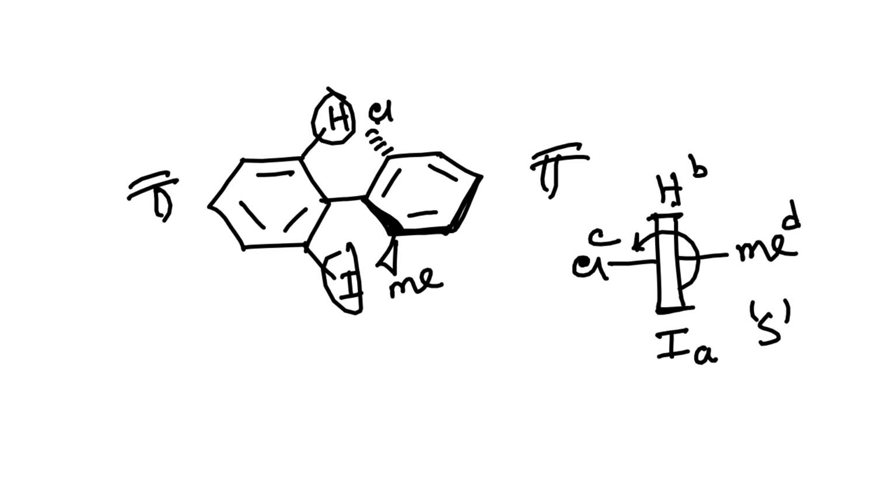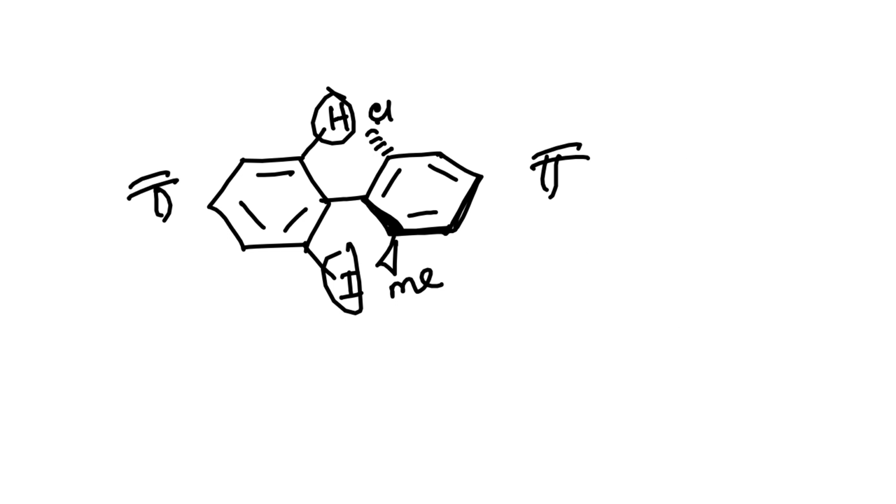This time I will look into the molecule from the right hand side. If you watch the molecule from the right hand side, then these two groups, this chlorine and this methyl, will be your near groups or near end.